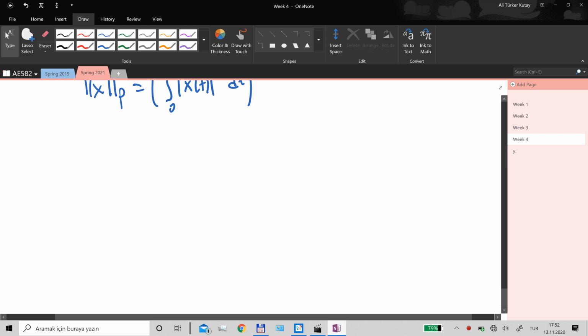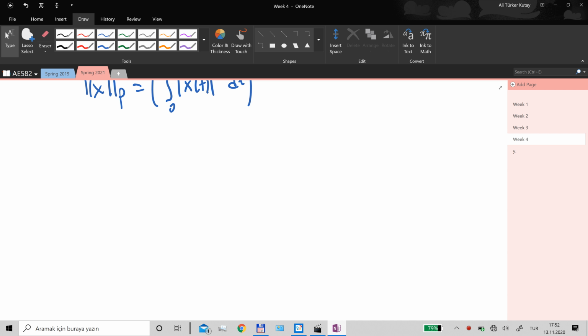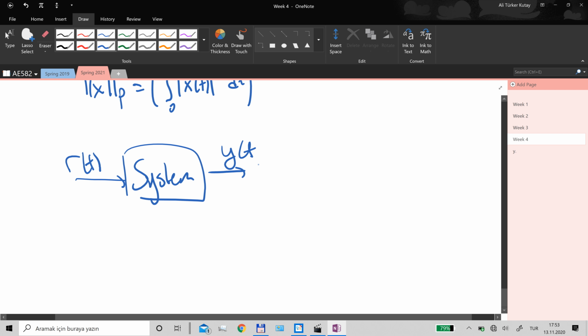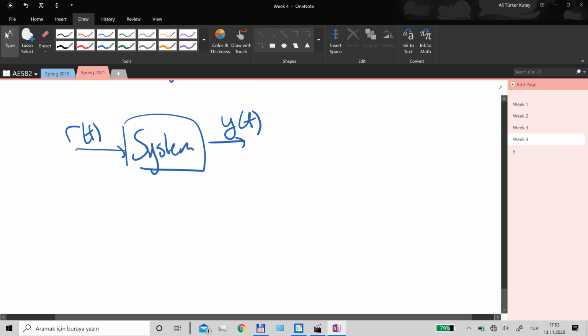Let's come back here, and you have a system. Your system may have an input, let's call that r of t, and the output of your system is y of t, and you have certain dynamics here, which can be expressed in terms of a transfer function H(s), and this will have a state space realization.